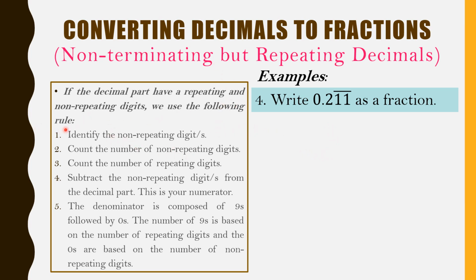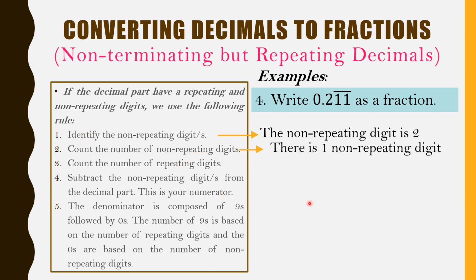We also have steps that we can follow. For step 1, we identify the non-repeating digits. Which is the non-repeating digit in our decimal? It is 2. We have 2 here as the non-repeating digit. And then number 2, count the number of non-repeating digits. There is only one non-repeating digit here, which is the 2.